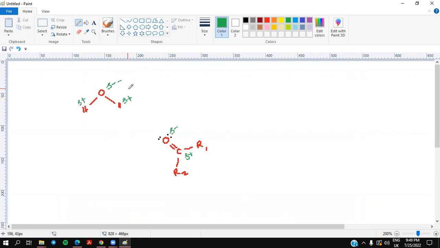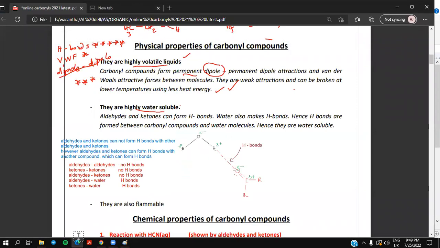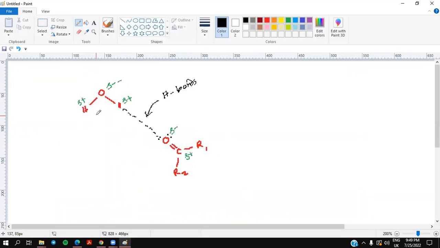Now, when this delta positive hydrogen comes closer to the delta negatively charged oxygen atom, because there are lone pairs of electrons on oxygen, an attractive force is formed with the help of the lone pairs. This attractive force is called hydrogen bonds. Now don't think about the structure I have given here. On the side, we can take down this water molecule and carbonyl compound making hydrogen bonds.